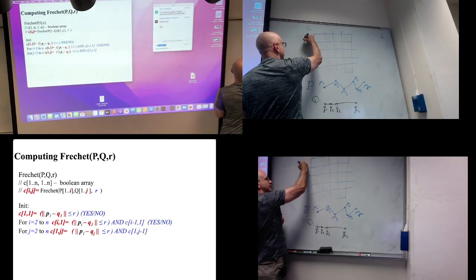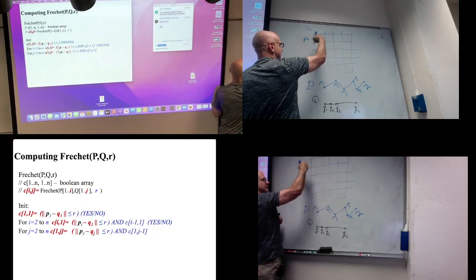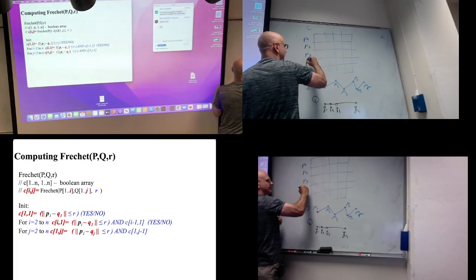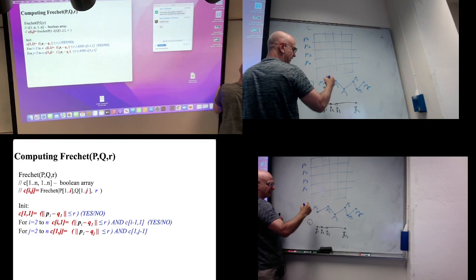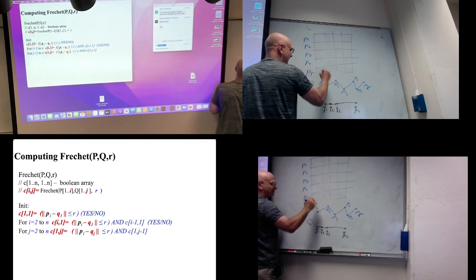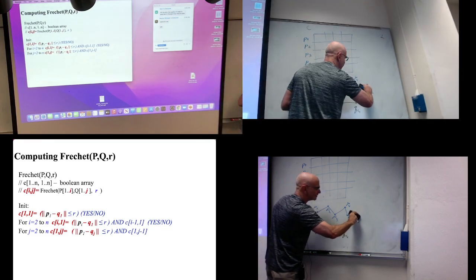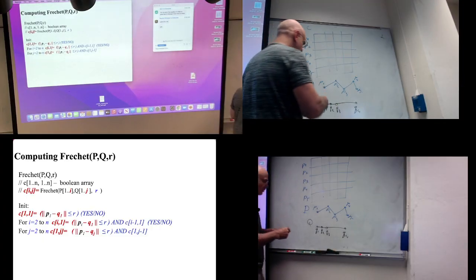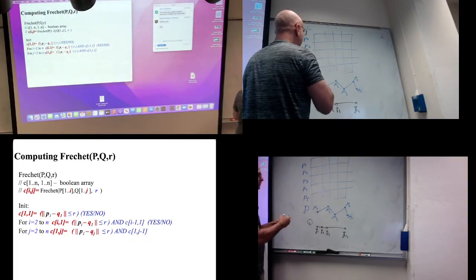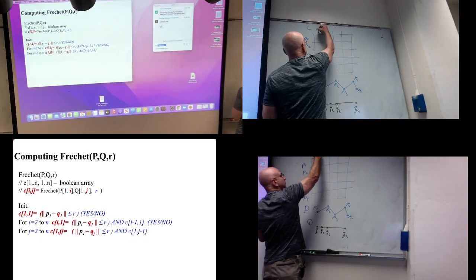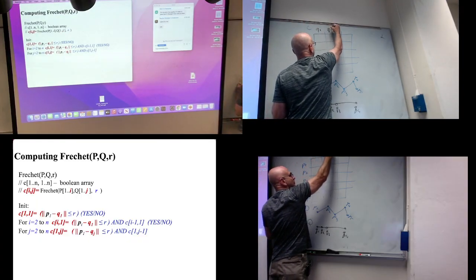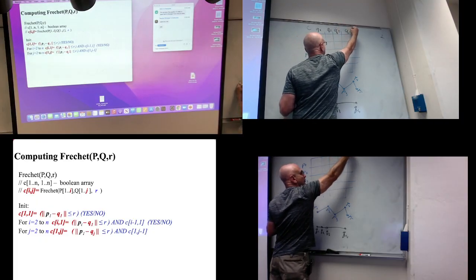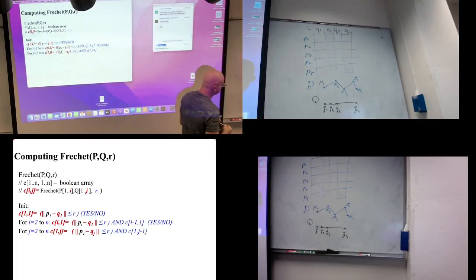I will use this array to denote, the rows will denote vertices of P: P1, P2, P3, P4, P5, P6. I'll use the columns to denote Q1, Q2, Q3, Q4. I'll stick with this example.